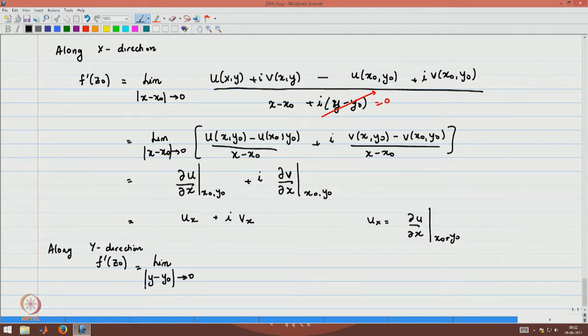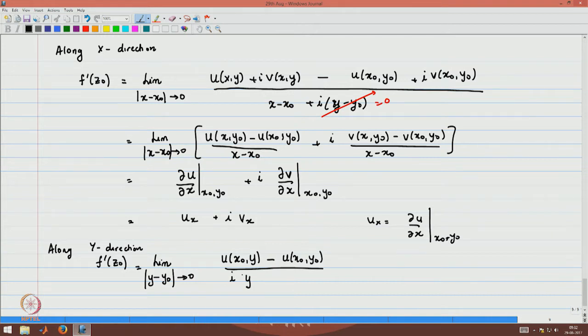Okay. Now, along the y direction, what I have is u of x 0 y, okay, minus u of x 0 y 0 divided by, now you look here, there is a factor of i here. Okay.